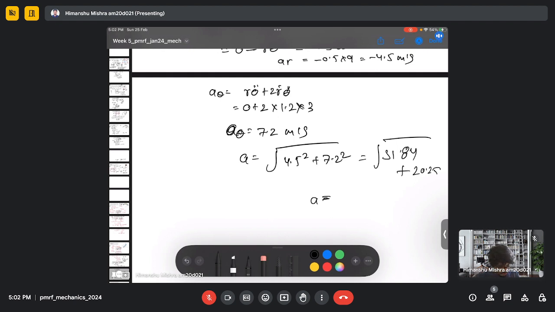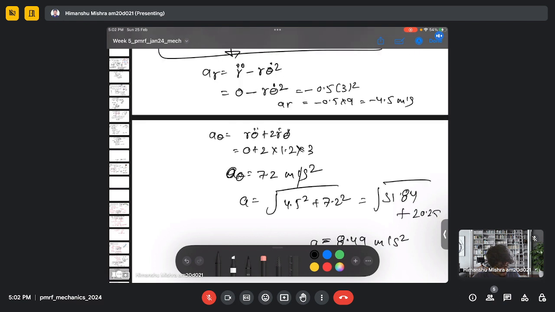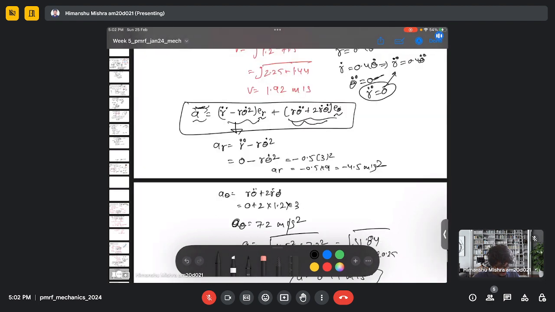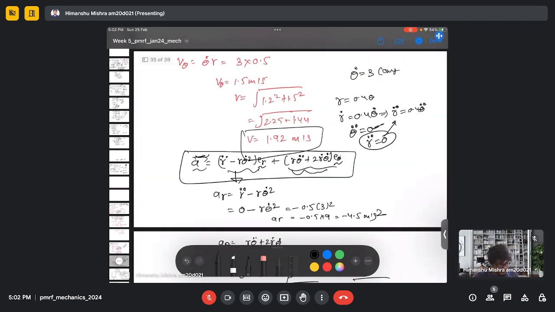So my magnitude of acceleration will become 8.49 meter per second square. So this is my magnitude of acceleration, and this is my magnitude of velocity.